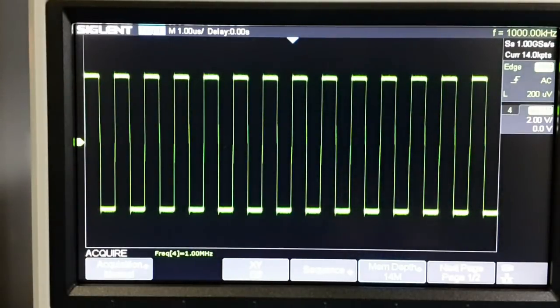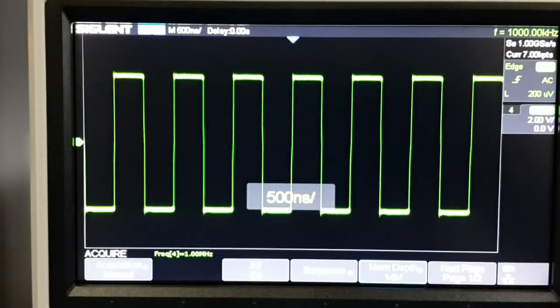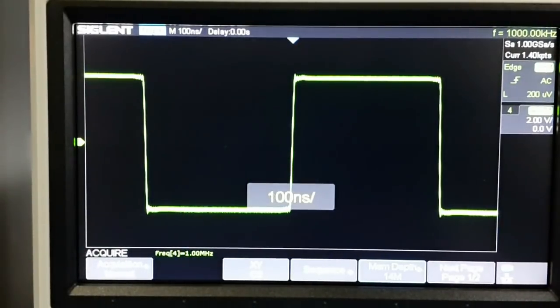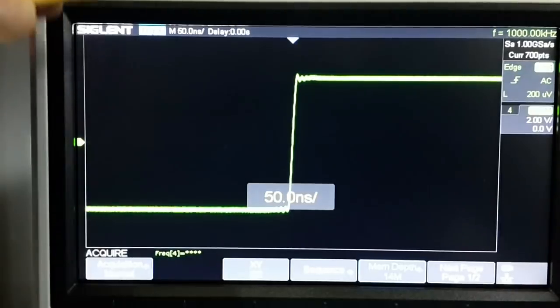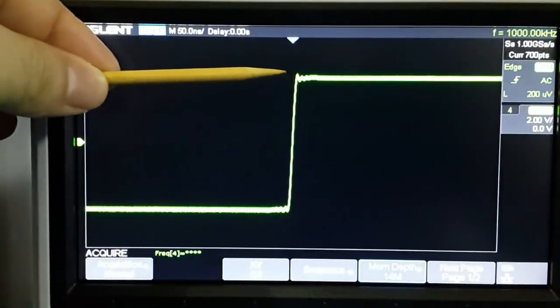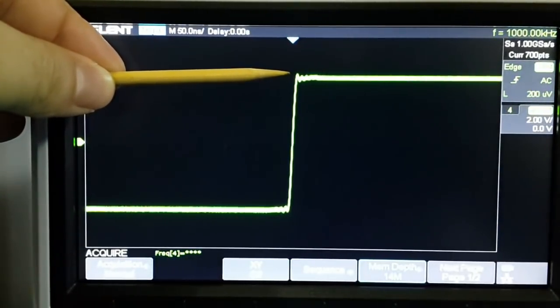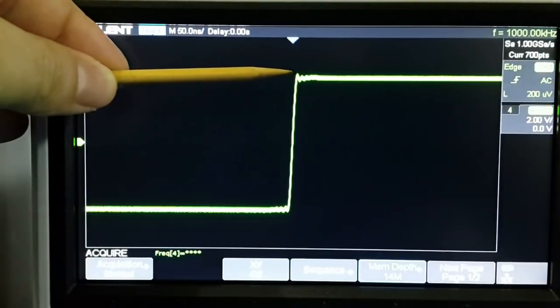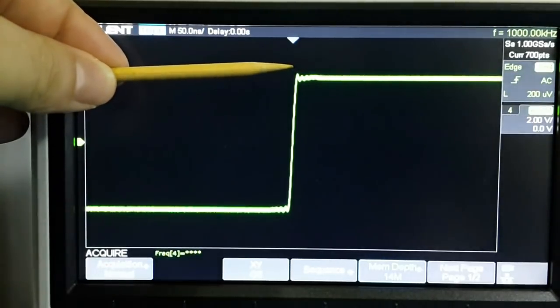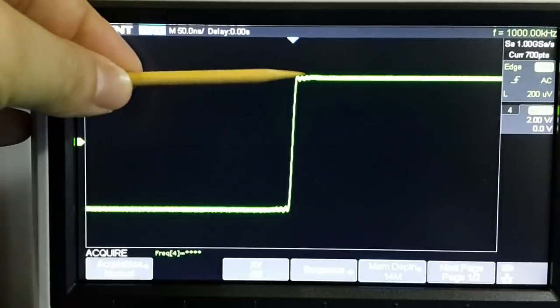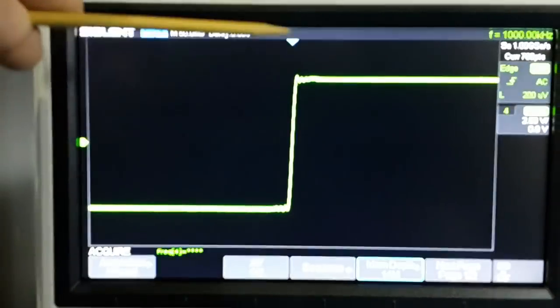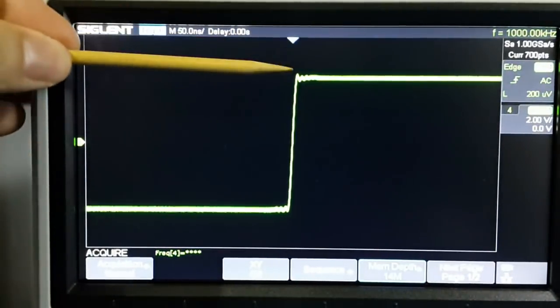There is here 1 megahertz. If you pay attention, there is a little bit of distortion here. Our distortion in the wave is because when we increase the frequency, we will be in this area, not this other. Pay attention to it.